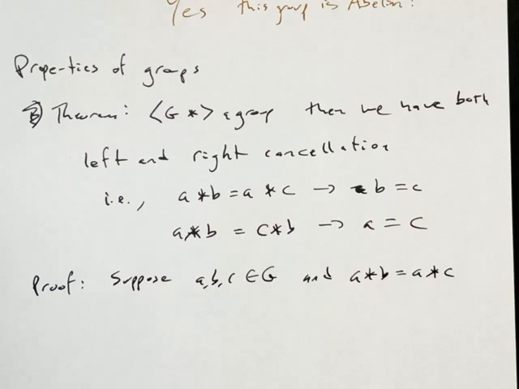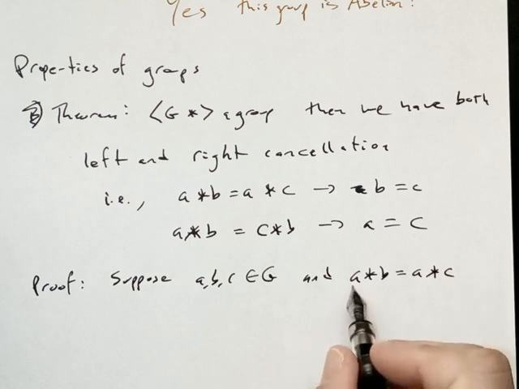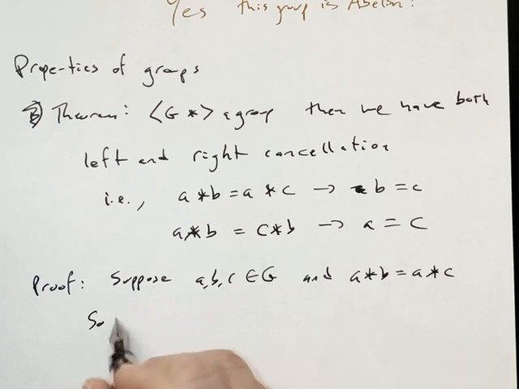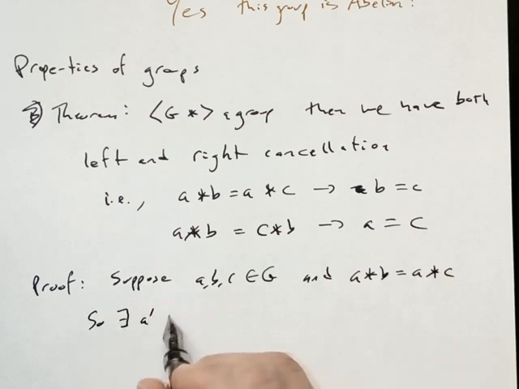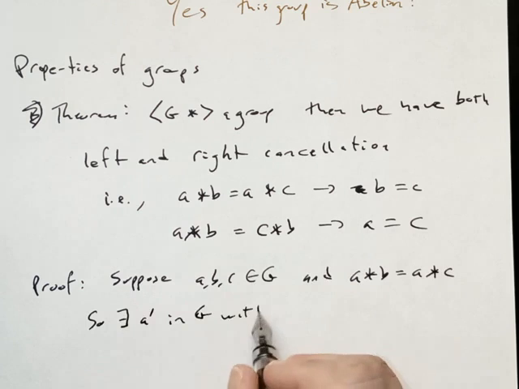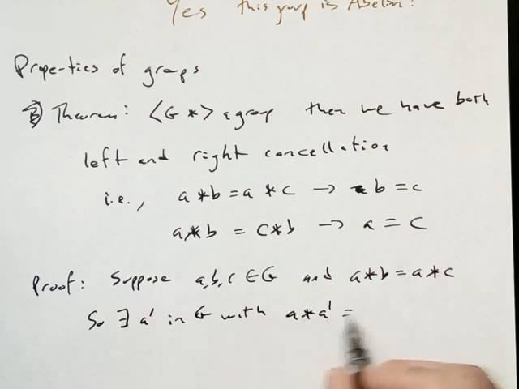Suppose all three of these things are in my set, and I have A star B equals A star C. What's property 3? I'm sorry, by definition, what's the group property number 3? Every element has an inverse. That means there's an A inverse, where E is my identity.